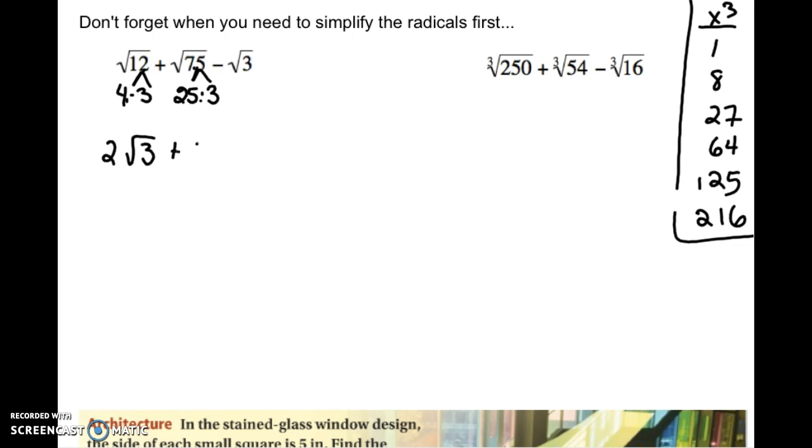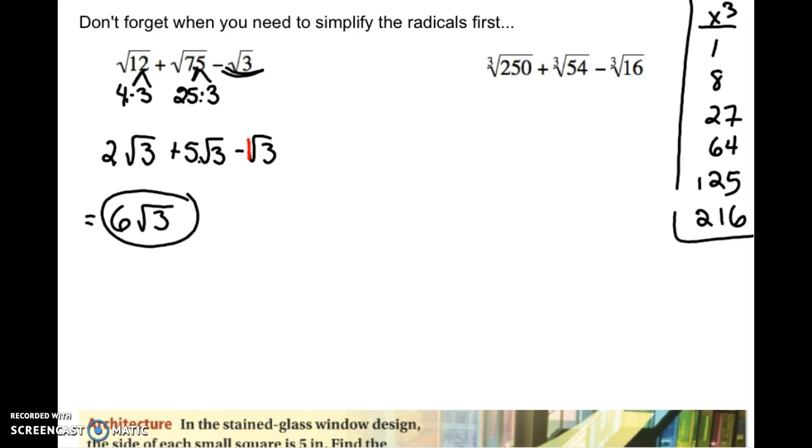Square root of 25 is 5. Square root 3. And then this negative square root 3 is just going to come along. We are going to remember that there's a 1 in front of it. Let's add up our coefficients, 2 plus 5 minus 1. And do not add the radicals.